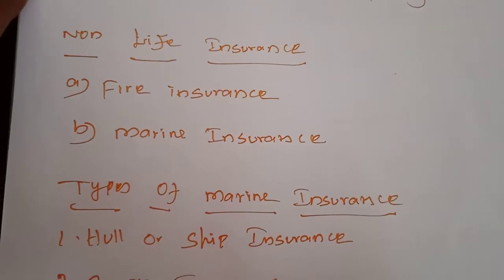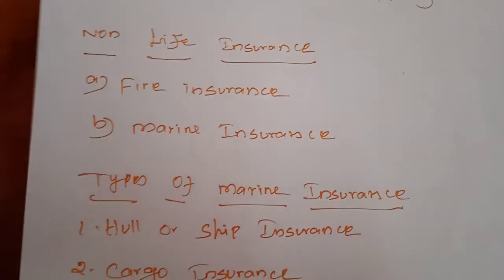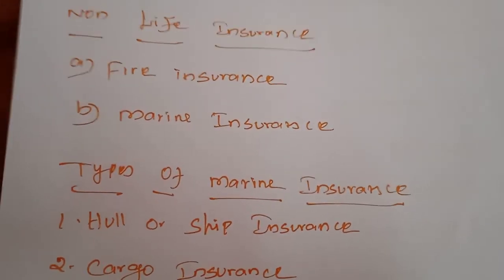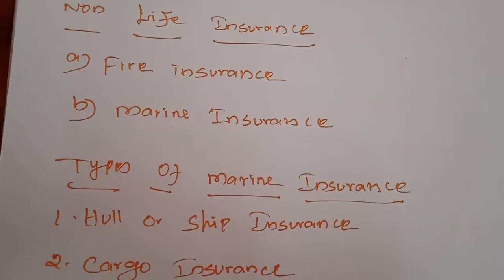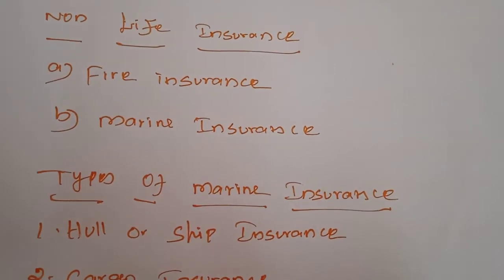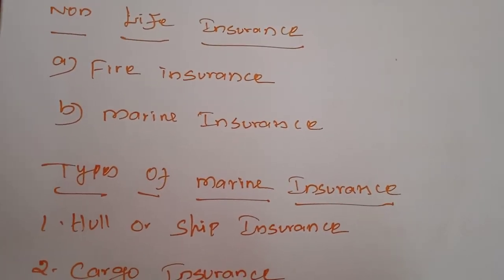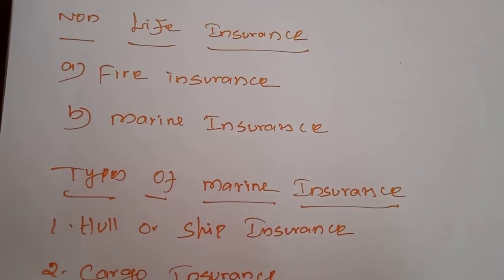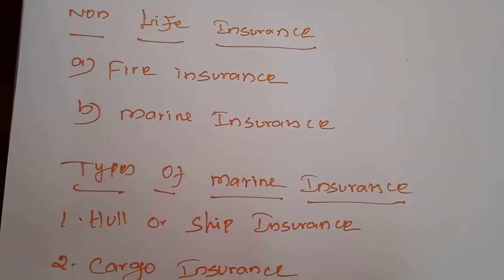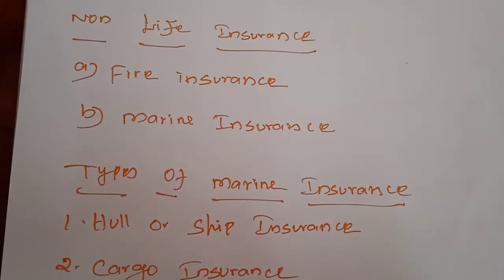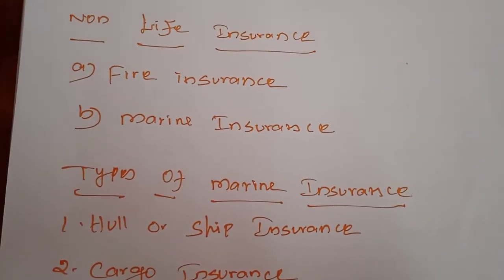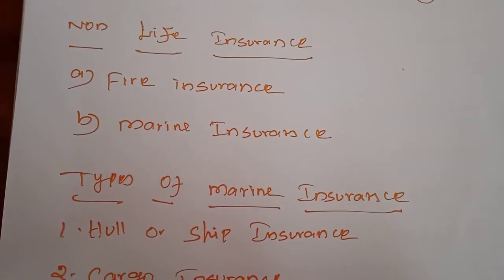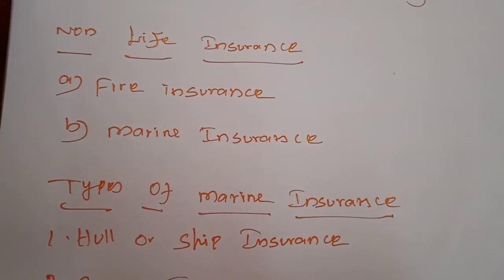In marine insurance, the insurance company agrees to compensate the loss of the marine venture during its period of activity, and the insured also has to agree to pay the premium. The insured pays the premium in consideration of the insurer's guarantee to make good the losses arising from marine perils, or perils of the sea.